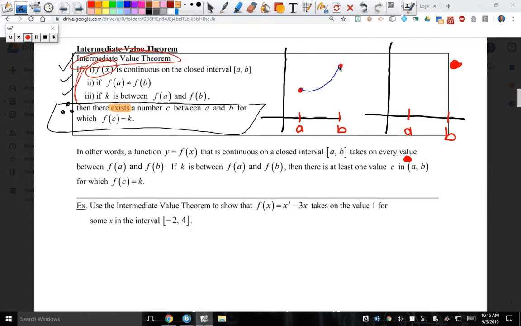Now, John, come on up. I want him to do something drastically different that still is a function and is continuous. Go for it. So, like that. Is that drastic enough? That's good.